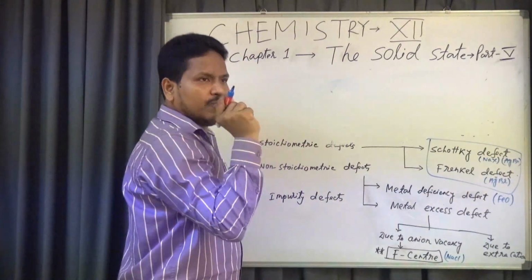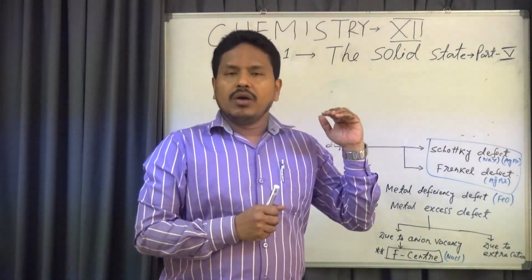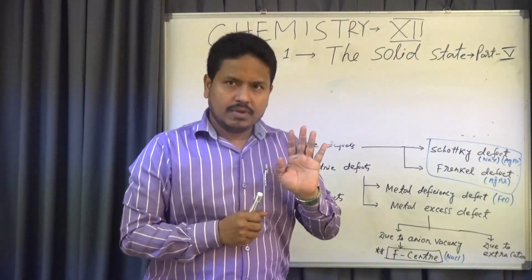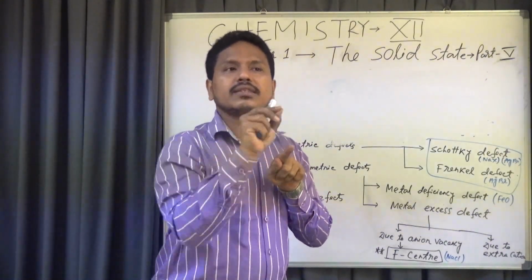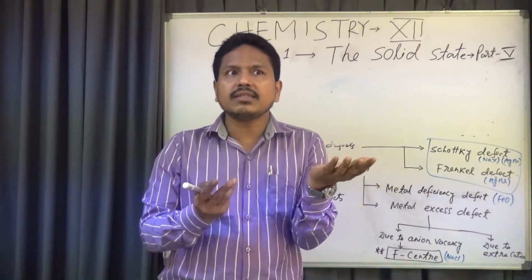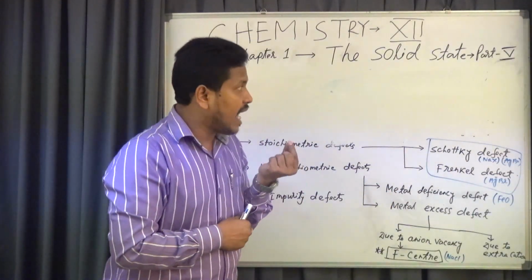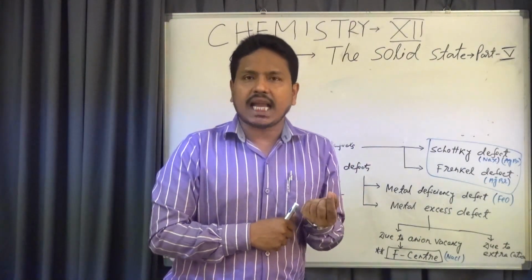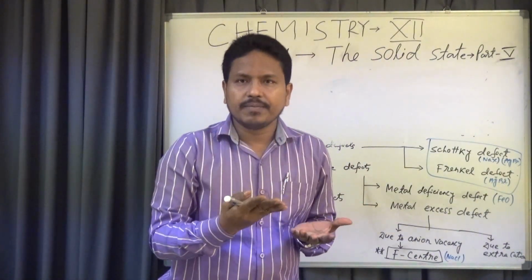let the cation be small in size. The cation leaves the lattice site. The cation moves from its original site and enters into an interstitial site. You know, in interstitial there are voids, octahedral voids, tetrahedral voids. So the small cation leaves its original lattice site and enters the interstitial site, because in interstitial there are voids.